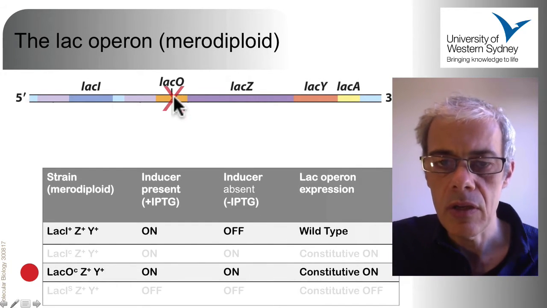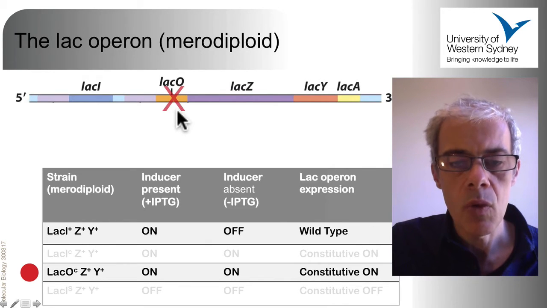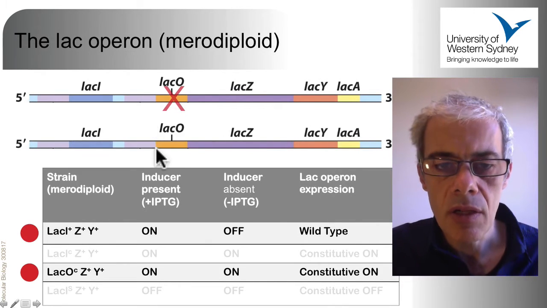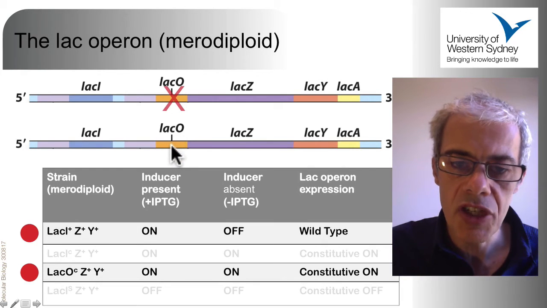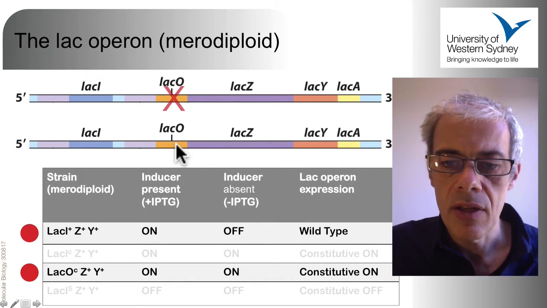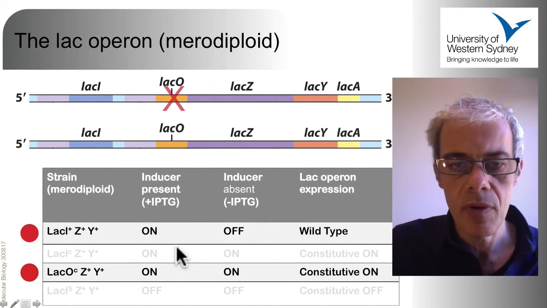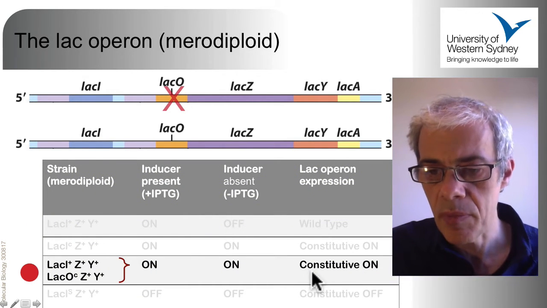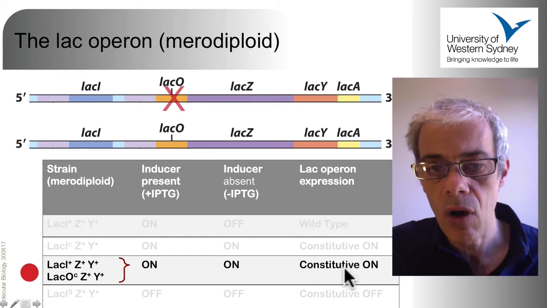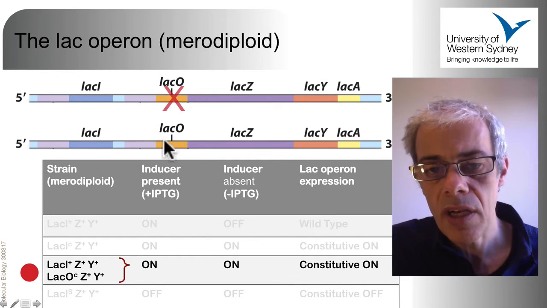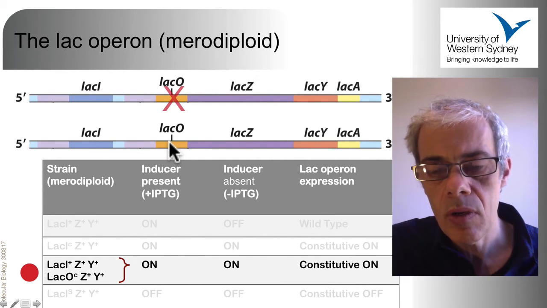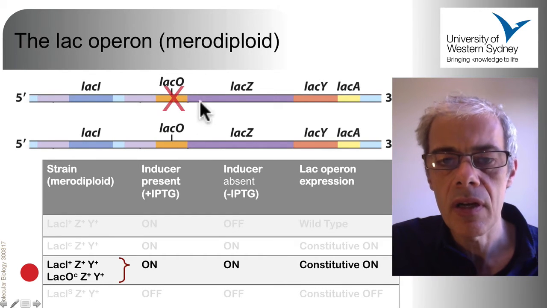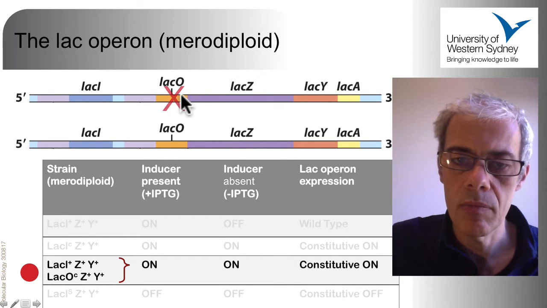So it couldn't turn this gene off. When you introduce a wild-type copy of the Lac-O gene, the combined phenotype of the two is still the same as the mutant phenotype. It's still constitutively on. So having a wild-type copy of Lac-O doesn't recover the mutant in the Lac-O.